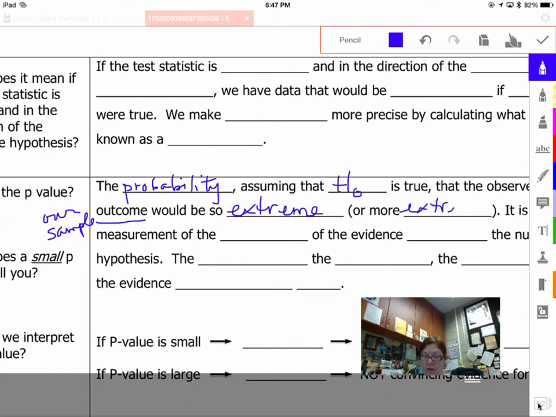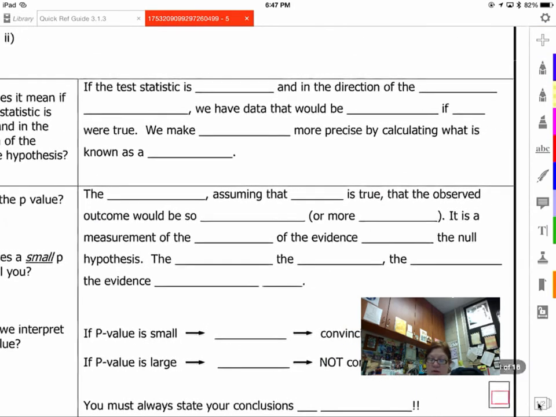In other words, the probability that it would be that far away. And therefore, it's a measure of the strength of evidence against, remember we said that's what we were looking for, the strength of evidence against our null hypothesis.